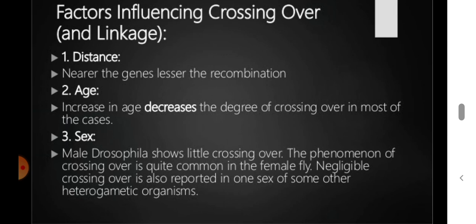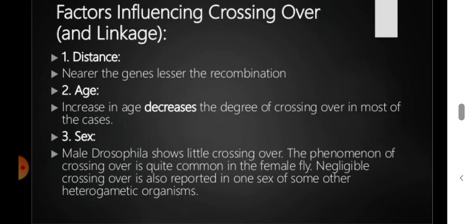Factors influencing crossing over and linkage. Linkage is divided into two types, complete linkage and incomplete linkage. And then the factors that influence linkage. First, distance. The strength of linkage is inversely proportional to the distance between the linked genes. Then age. With increasing age, the chance of crossing over is reduced and hence the linkage increases. Then X-rays.